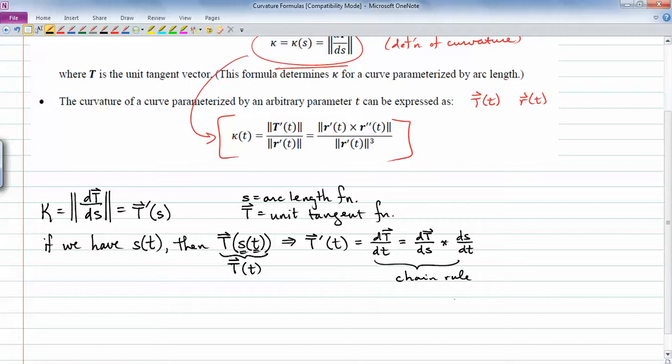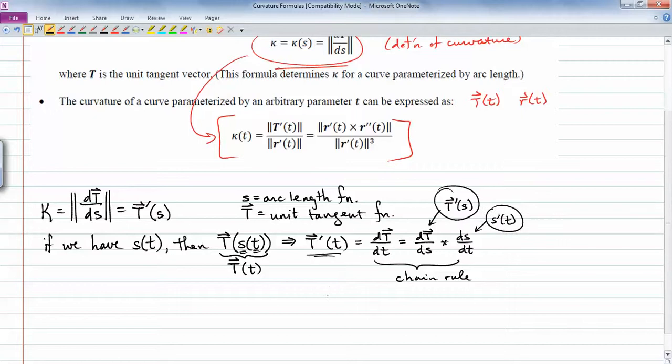Okay. Now, if I rearrange a bit, this right here, by the way, is T prime in terms of s. That's what we want. So I'm going to divide by ds/dt. This is s prime of t.